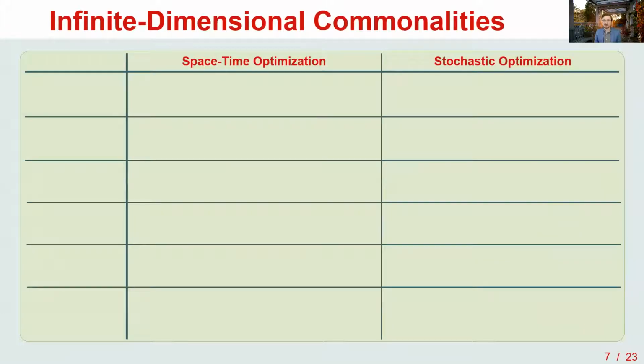And to motivate it, let's consider two common problem classes, such as that of space-time optimization and stochastic optimization. Well, they all involve and employ infinite parameters, such as time and uncertain variables that depend on a particular statistical distribution.